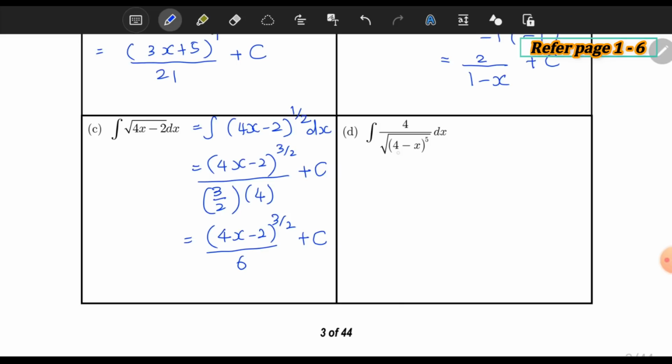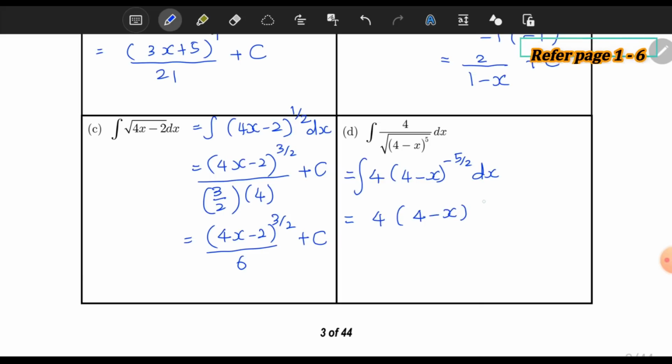Next, part D, we can simplify as integrate 4 times (4 minus x) power of negative 5 over 2 dx. So equal to 4, the constant. Okay, copy the bracket, 4 minus x. We increase the power by 1. So we have negative 3 over 2.